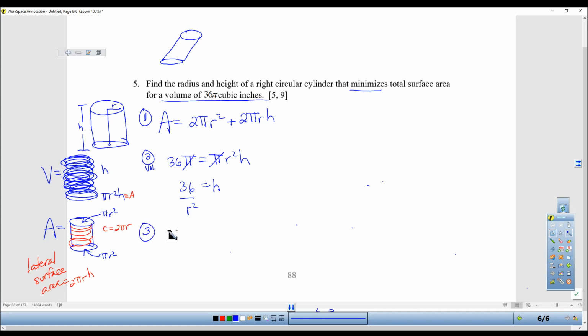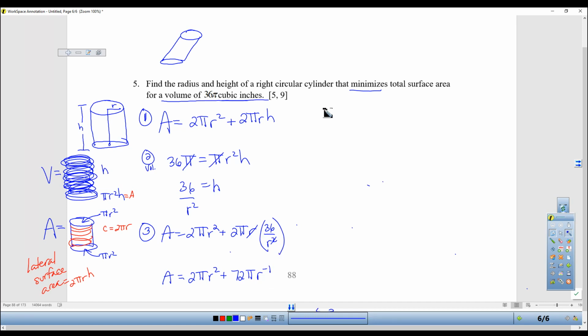So I use the constraint to rewrite my main equation with only one variable, replacing h with 36 over r squared. This gives me 2 pi r squared plus 72 pi r to the negative 1. These cancel. There's only one r left on bottom.